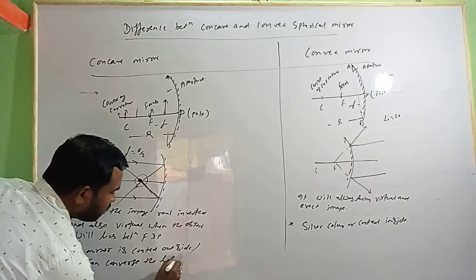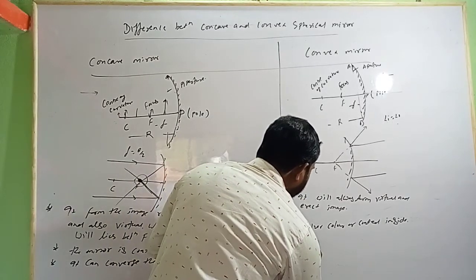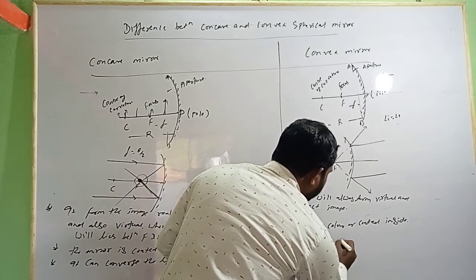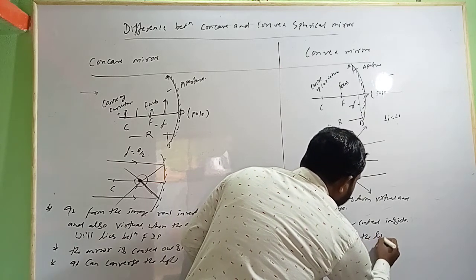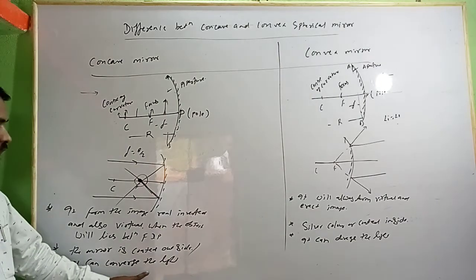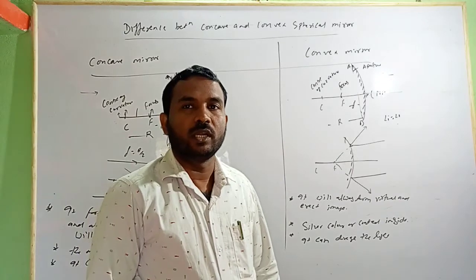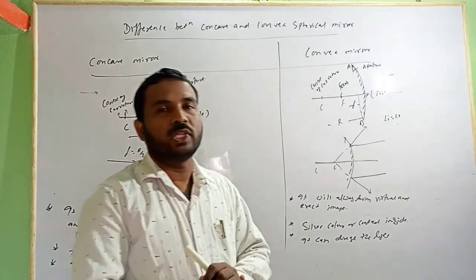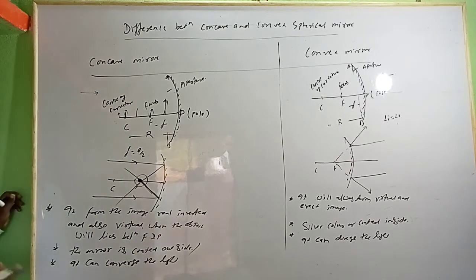But here it can diverge the light. So it is called a converging mirror, and that is also called the diverging mirror.